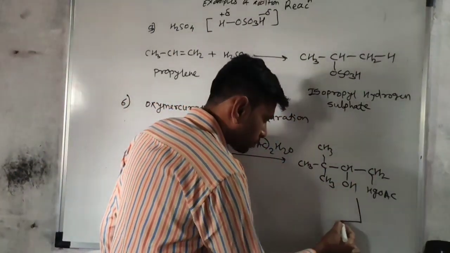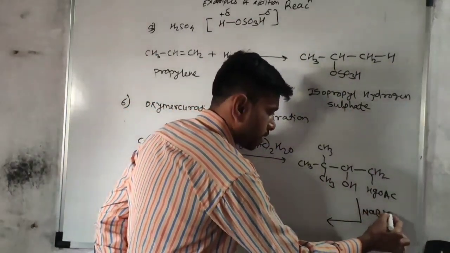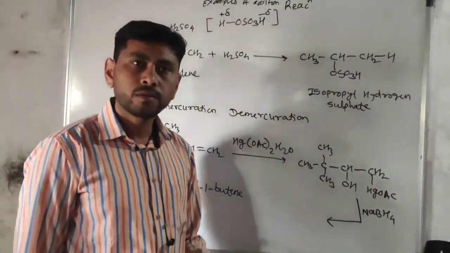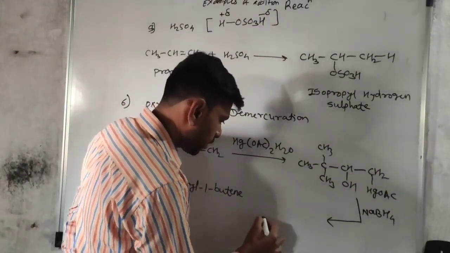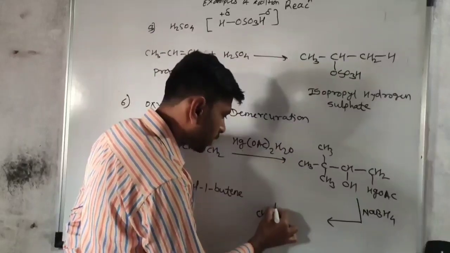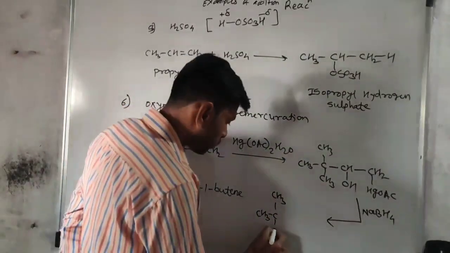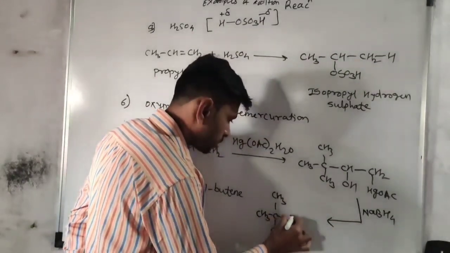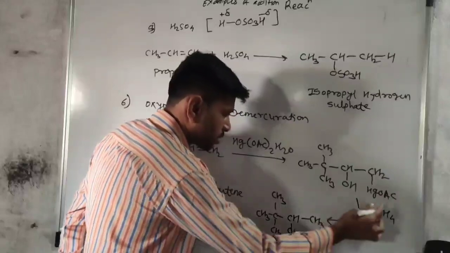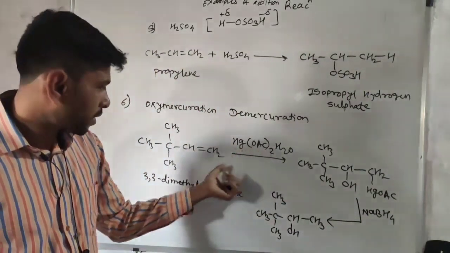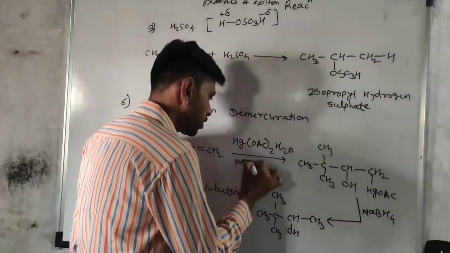Here, the first step, and the second step, when we add NaBH4, we get removal of this HgOAc, and the overall reaction is what? Addition of H and OH. This is the overall reaction, and here there is reduction of this. So this first step is the addition of mercury, so we call this step mercuration.